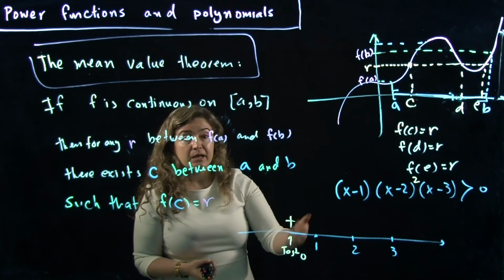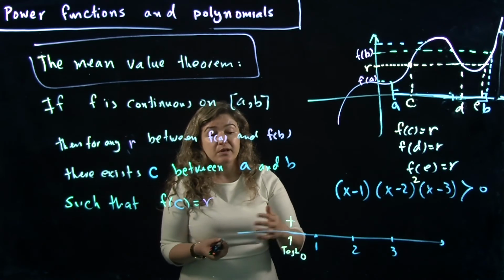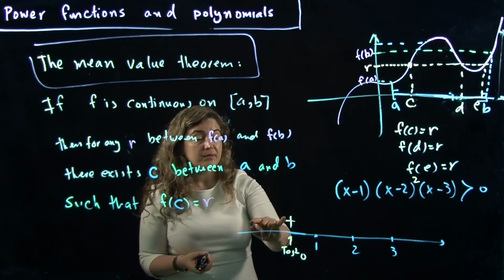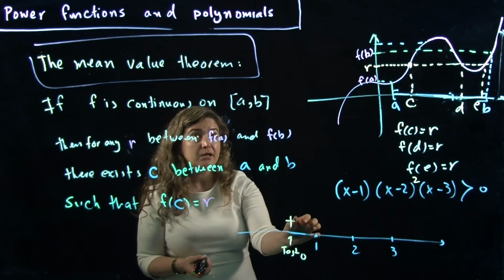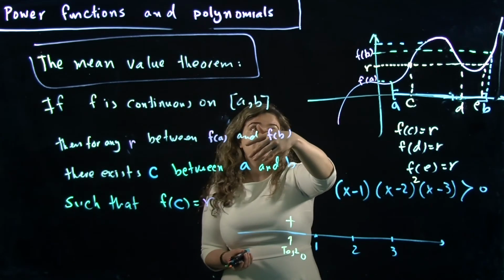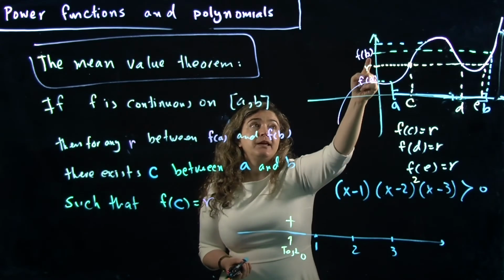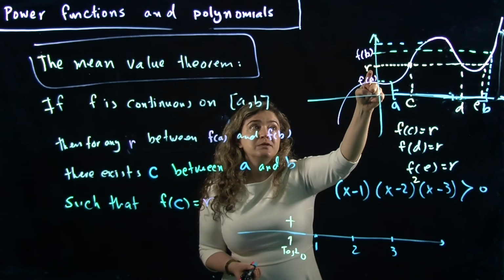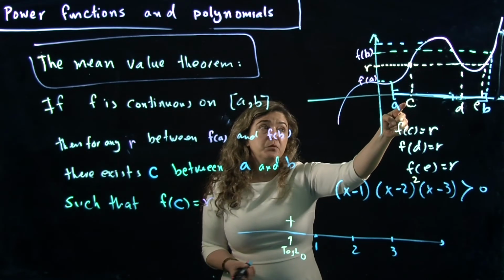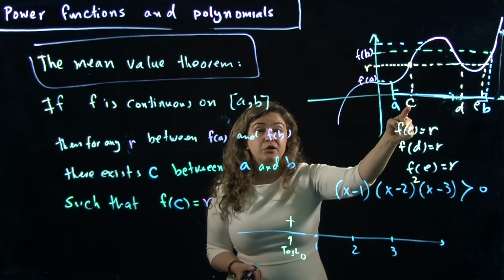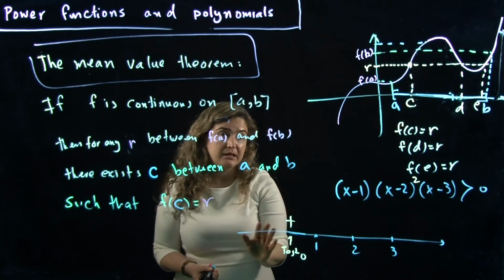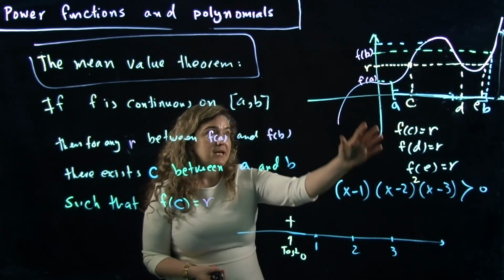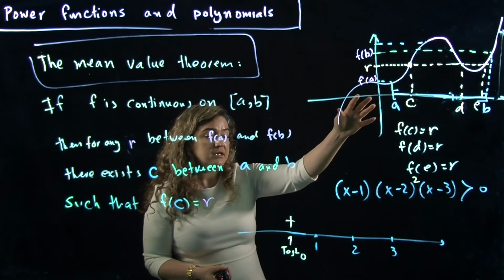That's how it works. Because if we had any change of sign over here, by the mean value theorem, if f(a) and f(b) have different signs, r equal to 0 will give you a root in between. That's one of the ways that we use it.